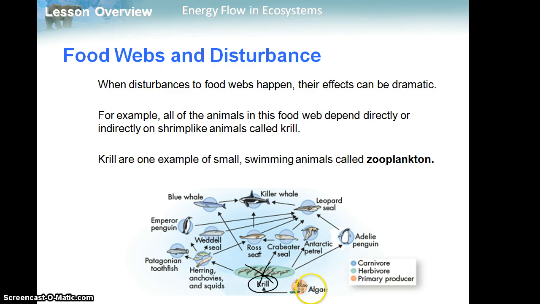Algae will overgrow, and there will be nothing there to eat it, and all of these other things will eventually die or learn to eat something completely different. They might even move out of the habitat and compete with other animals in a different habitat for similar food.